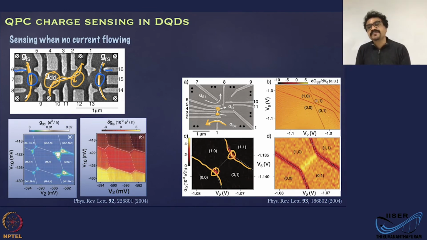these 2 points. Okay. So this charge sensor is sensitive not only to the change here, it can actually sense the change in the electron configuration of the upper dot also. Here this is a lower dot which is close to the charge sensor, but you can see this sensor is able to sense the change in charge configuration of any of these dots, both of these dots.